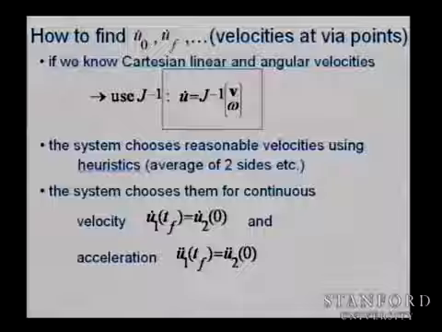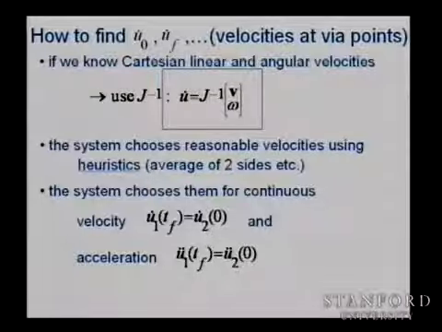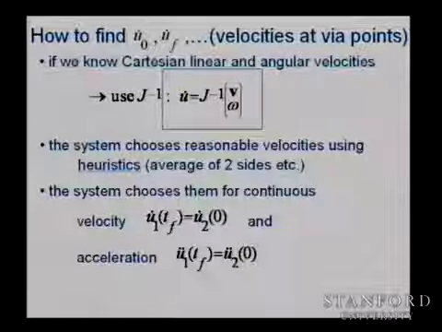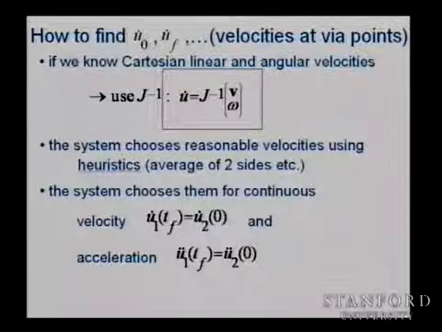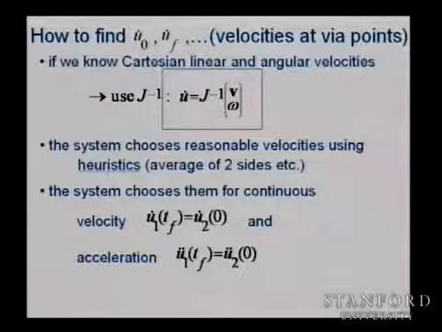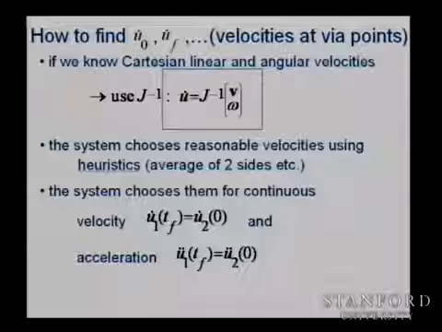So then u1 dot at t sub f will be u2 dot at 0, all right? Because it's the same velocity, and we probably want the same acceleration as well. So then the second derivative comes in as an additional condition, and we add that to the system, okay?